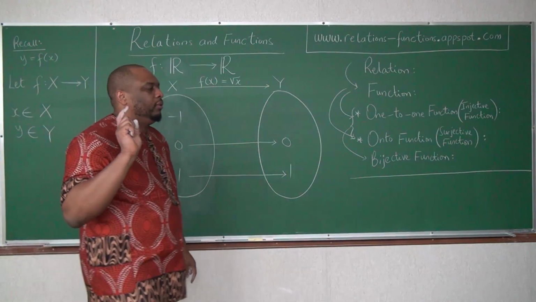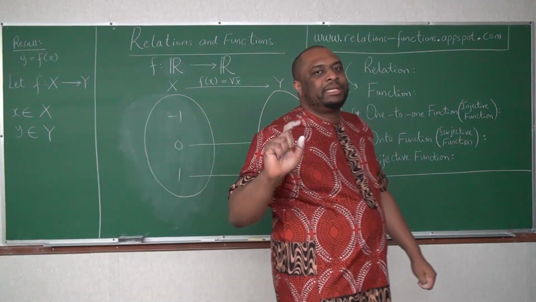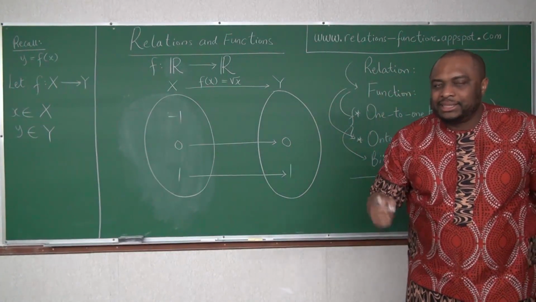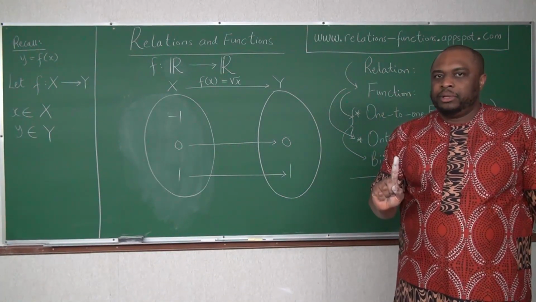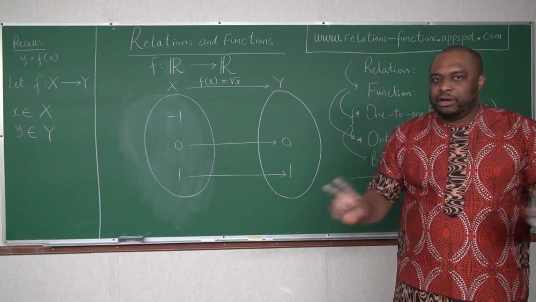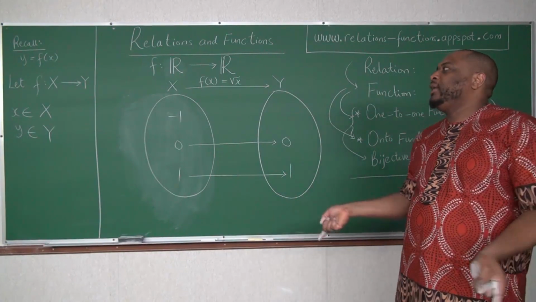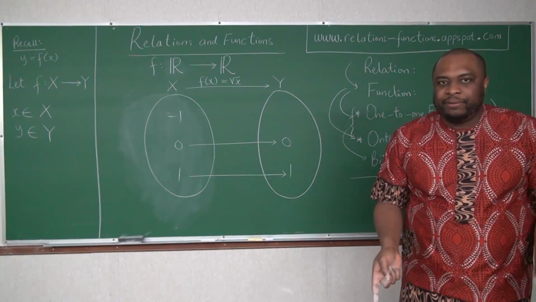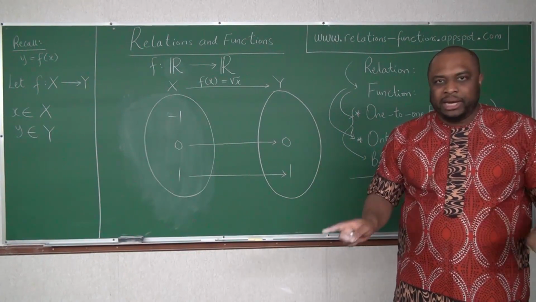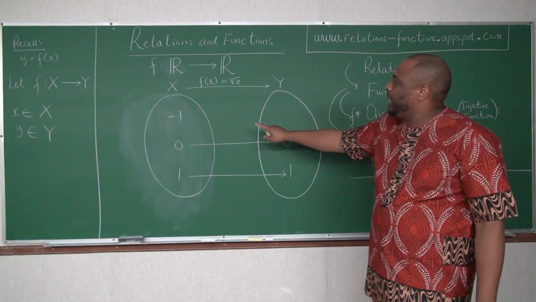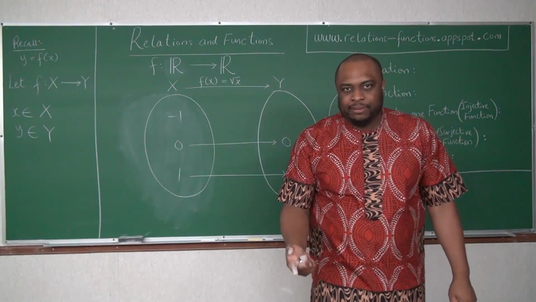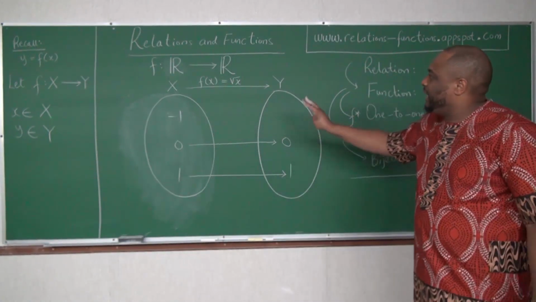Remember, with relations, we say for each input, there is at least one output. You cannot have any input that does not have an output. You cannot have any independent variable that does not have a dependent variable. But as you can see here, square root of negative 1 will give us a complex number.